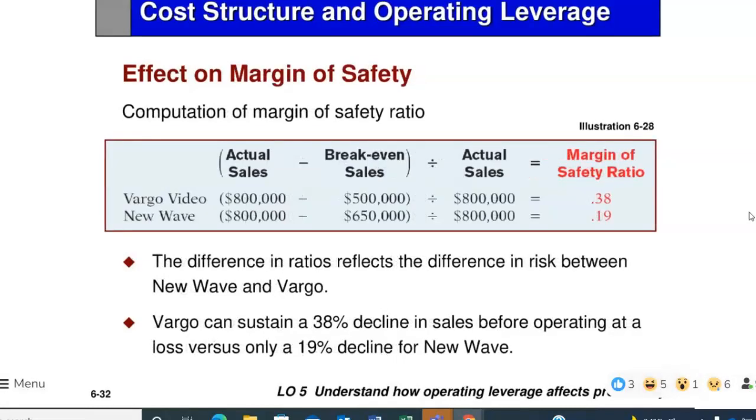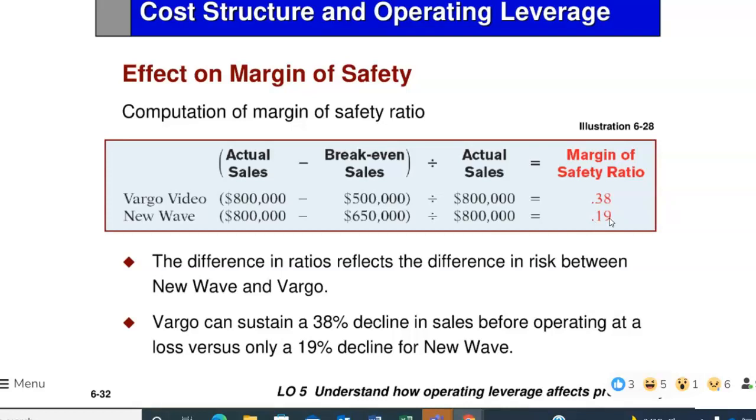Okay, now, what's the effect on the margin of safety? Well, the margin of safety is simply the actual sales minus the break-even sales as a percentage of actual sales. The margin of safety ratio is 38% for Vargo, but only 19% for New Wave. So you see, New Wave is more sensitive to a drop in the economy. The economy just has to go down 20% and New Wave will be in a negative position.